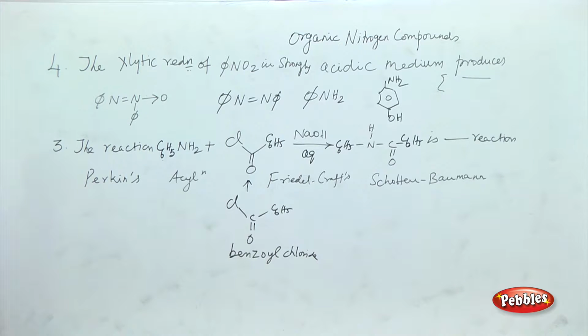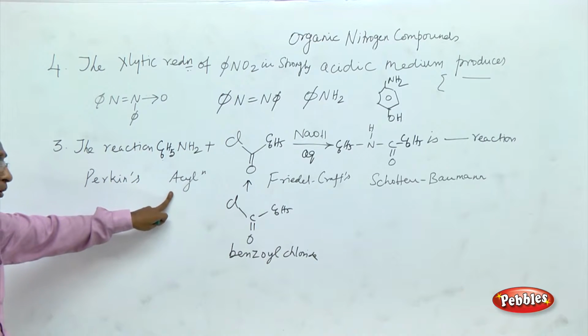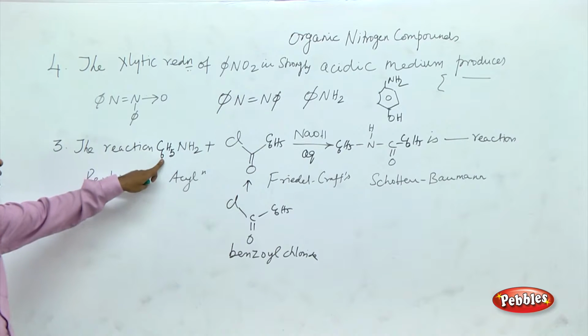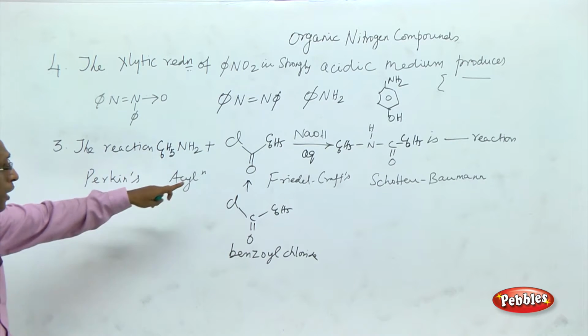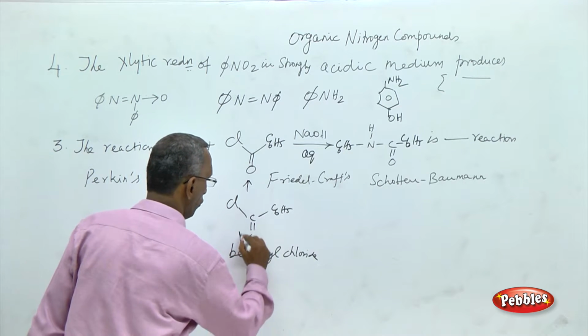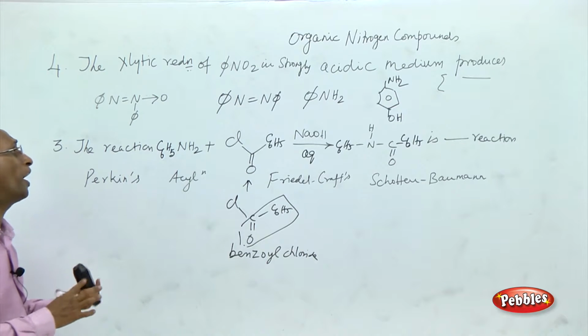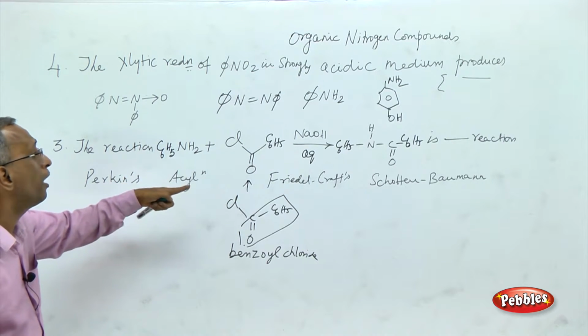Acylation is the phenomenon of incorporation of an acyl group. RCO grouping is called an acyl group. Here the incorporation is not to a hydrocarbon, it is to an amine.